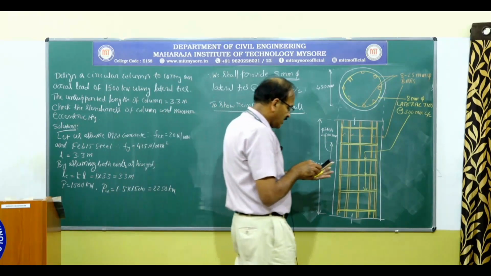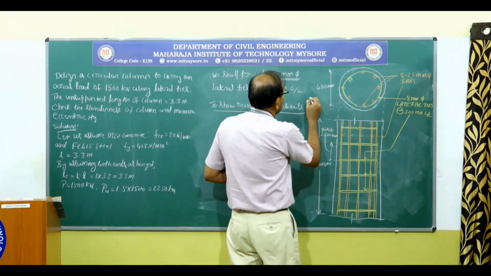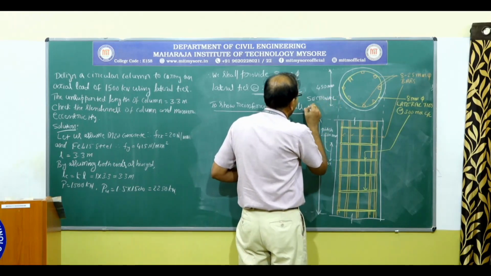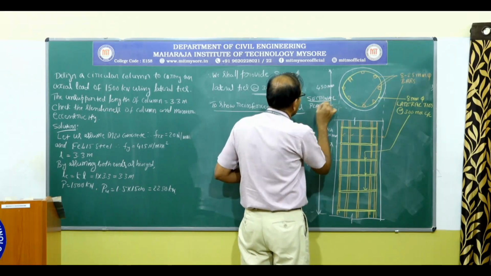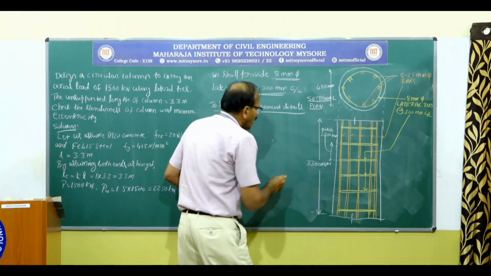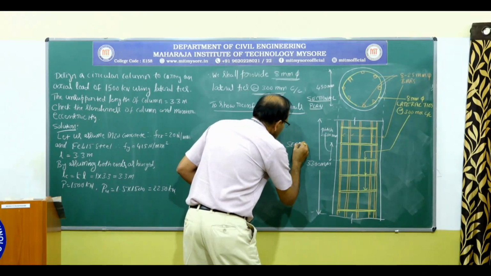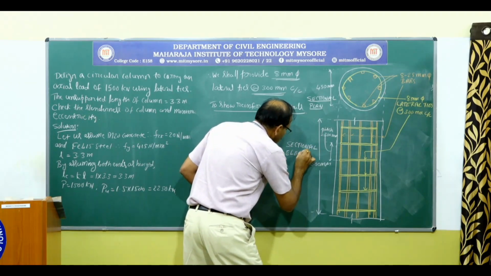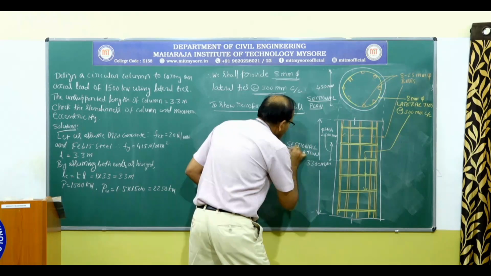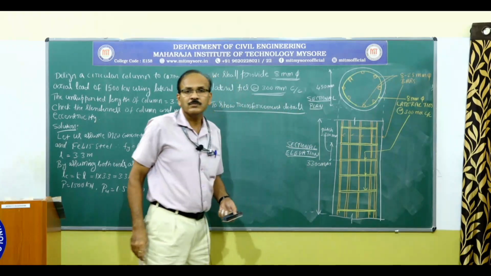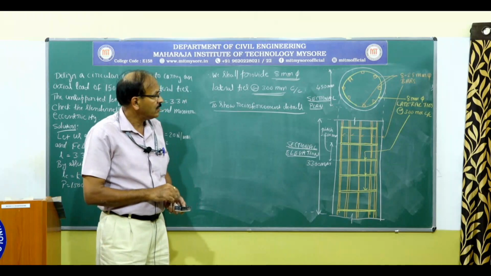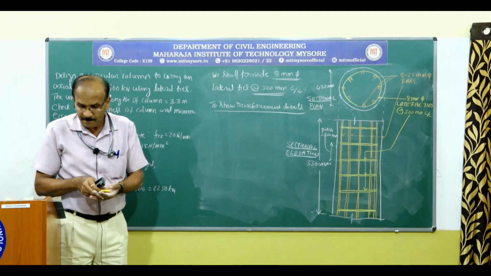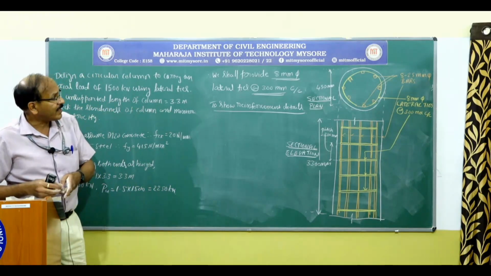So this is the sectional plan, and this is the sectional elevation. Okay, is this clear to you? So this completes the design. So let us go with the next problem.